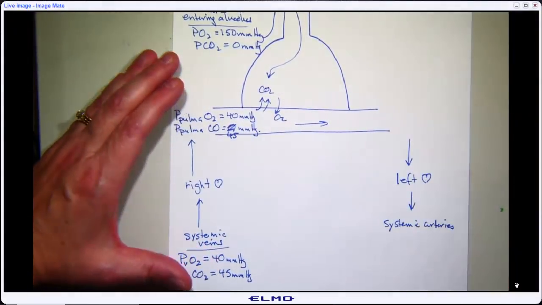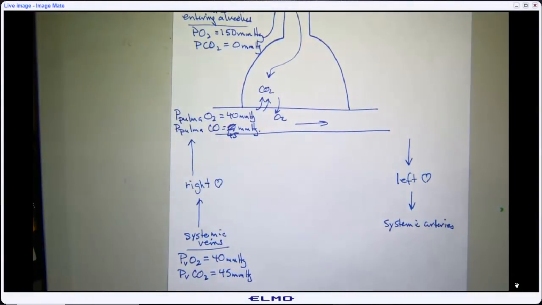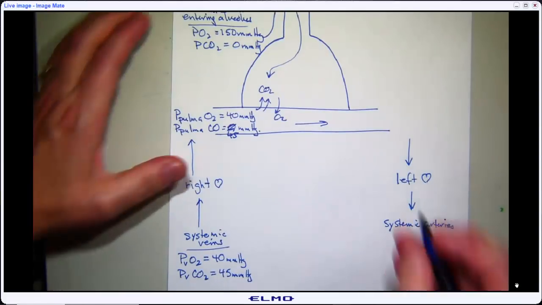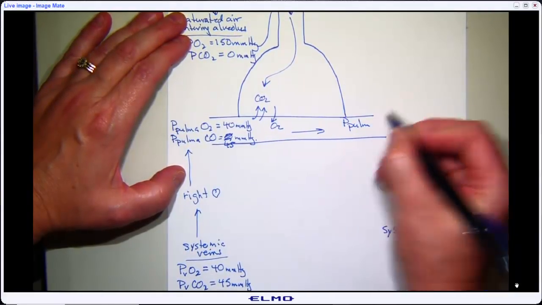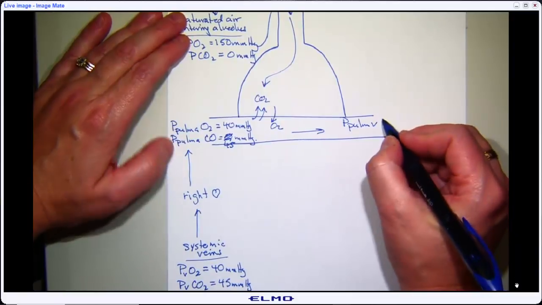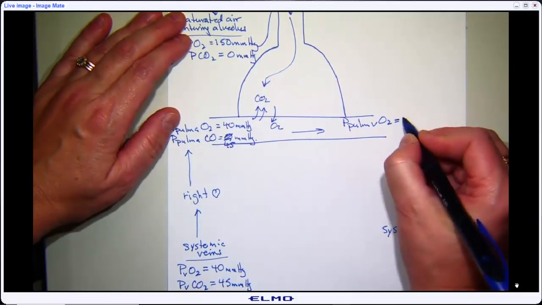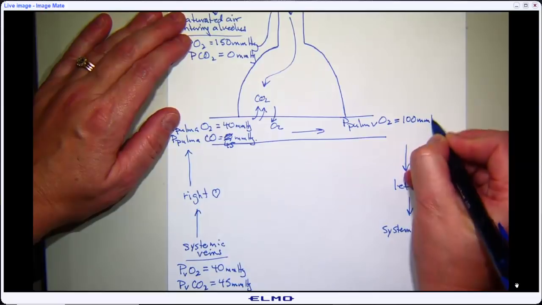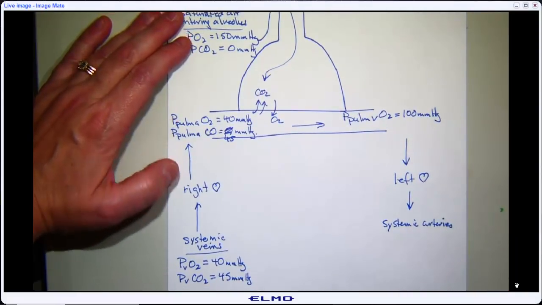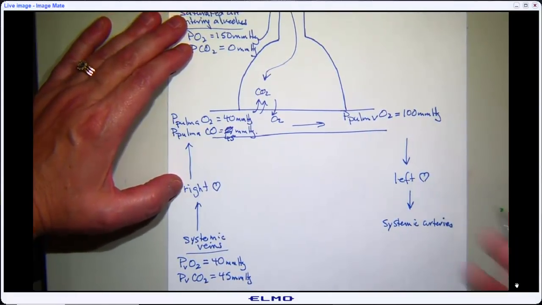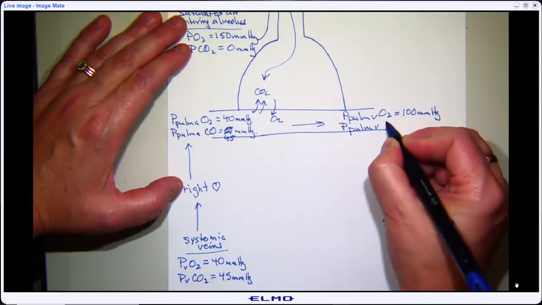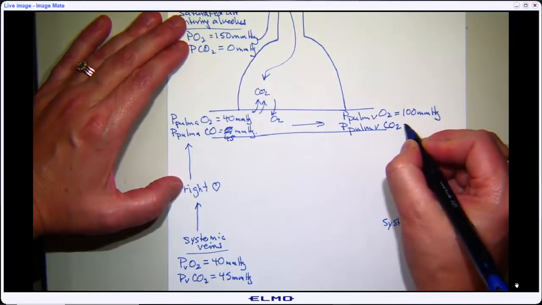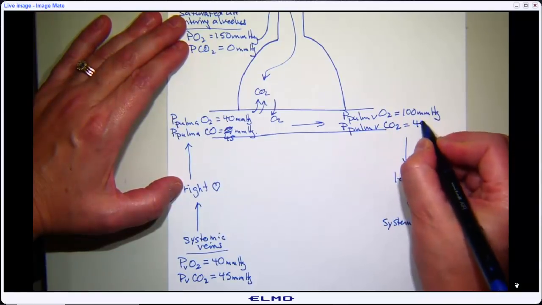So as we exchange, when we look at what pulmonary venous blood has in it, partial pressures in the pulmonary vein of oxygen is going to be 100 millimeters of mercury as we picked up oxygen. And partial pressure, careful here, pulmonary vein CO2 is 40 millimeters of mercury.